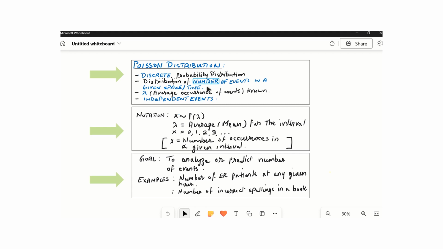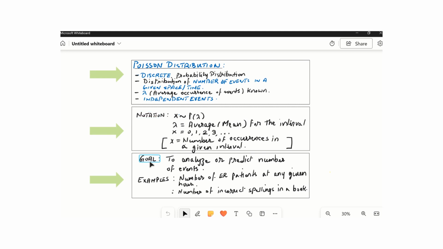The average number of events is known, and it is symbolized by lambda. These events are independent. As notation, the random variable X has a Poisson distribution with lambda given, and X could take on values 0, 1, 2, 3, and so on, since it is a discrete distribution.